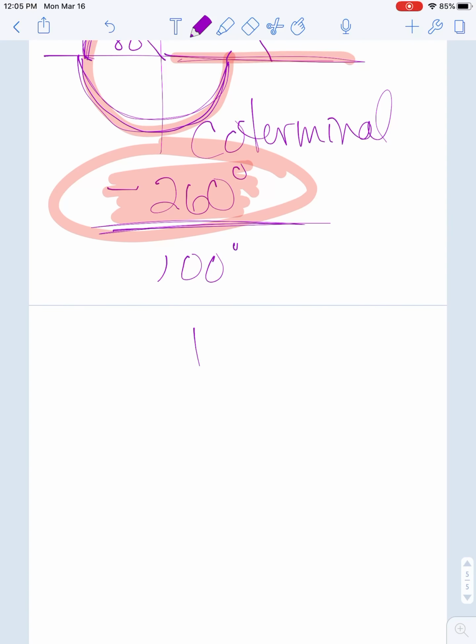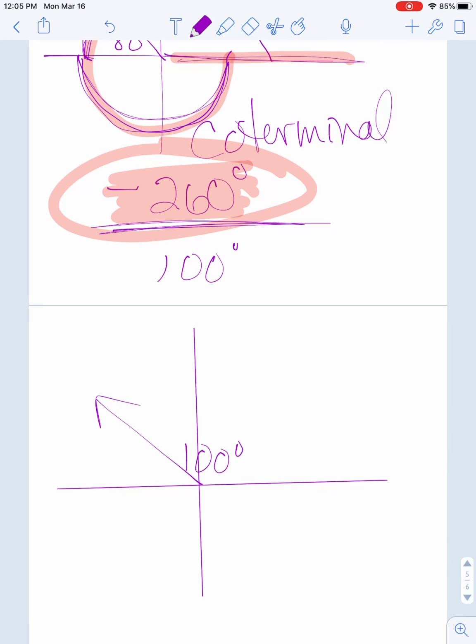Standard position, because we love to graph and look at things on the x and y axis. So this angle that we just drew of 100 degrees is in standard position. I would say, what quadrant is this angle in? It stops, it terminates, it ends in the second quadrant, so it's a second quadrant angle.